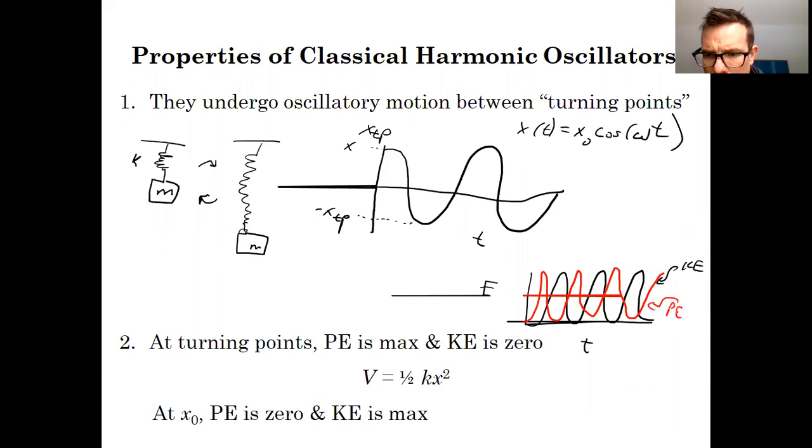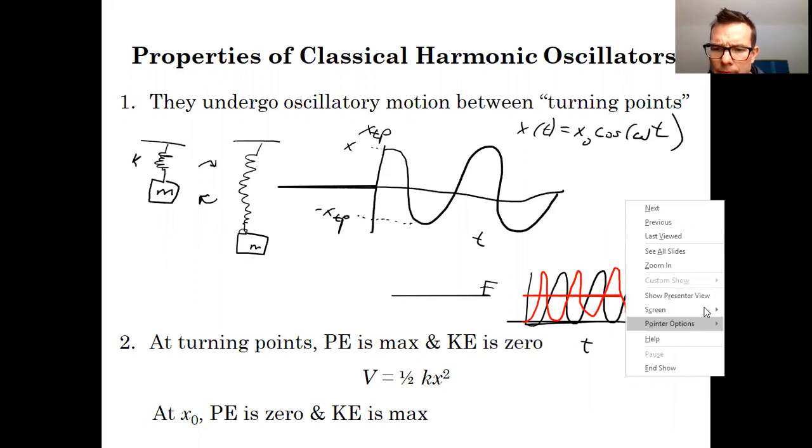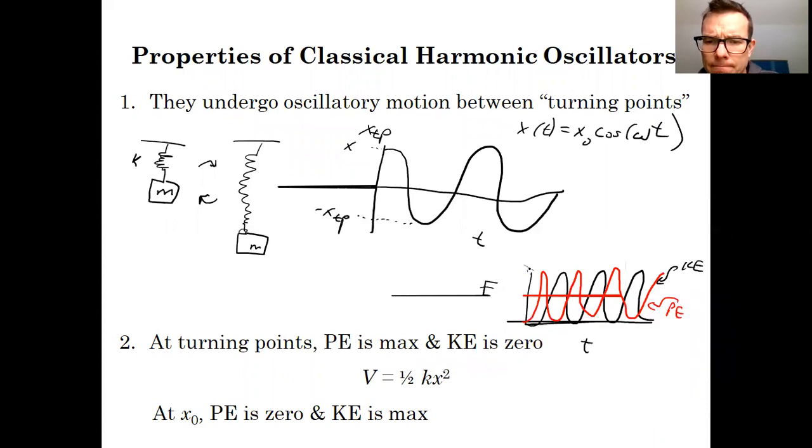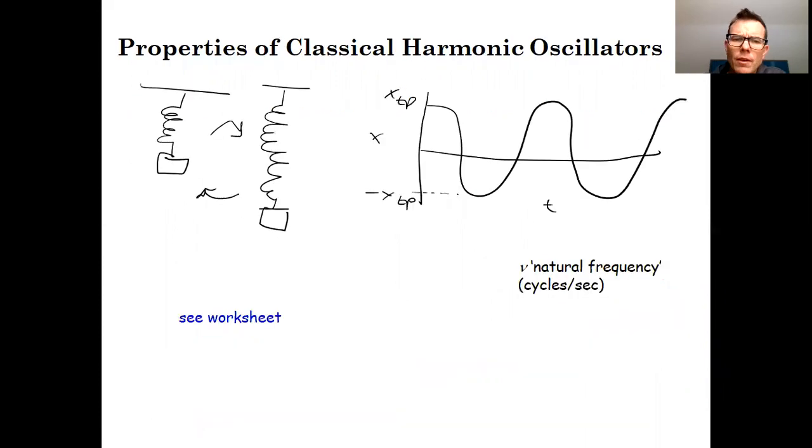Imagine that that's the potential energy. And then if you add them all up, you get a constant. So that's how you might think about the energies of these systems.